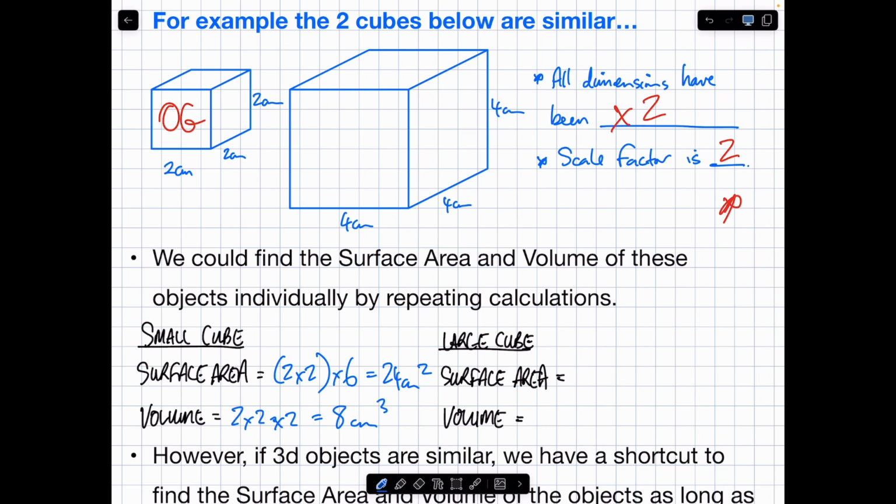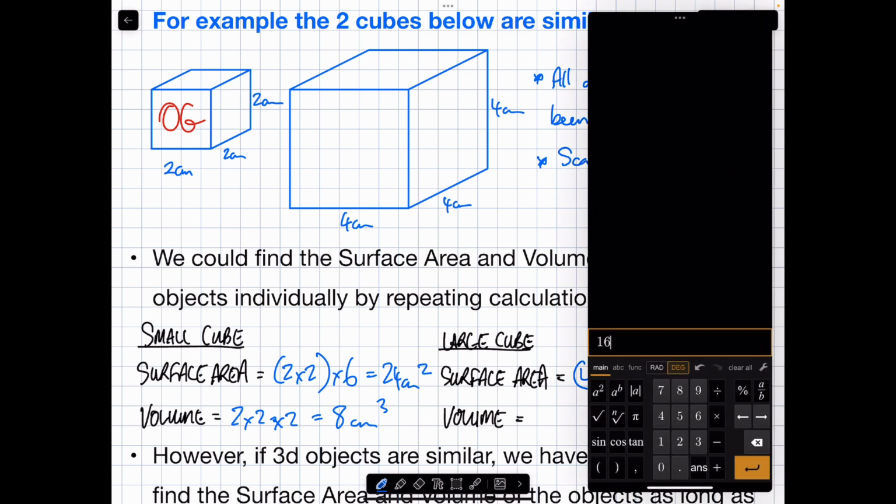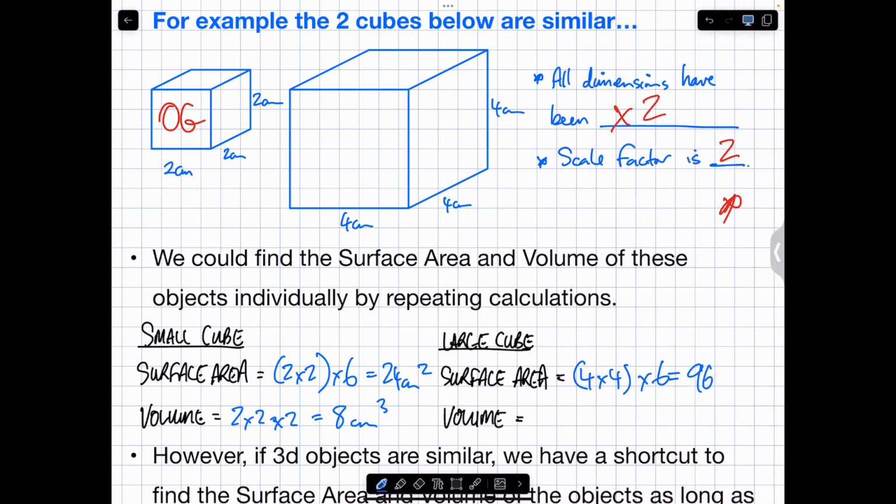If I wanted to scale it up to the large cube, I could go 4 by 4, and how many sides does the cube have? 6. So 4 by 4 is 16, and 16 times 6 is 96 square centimeters.